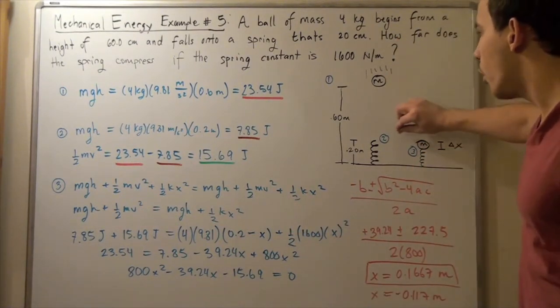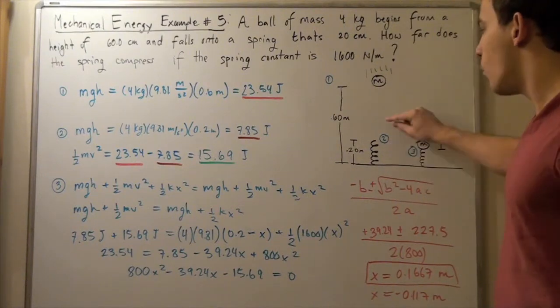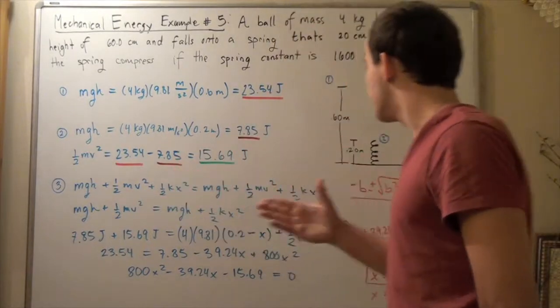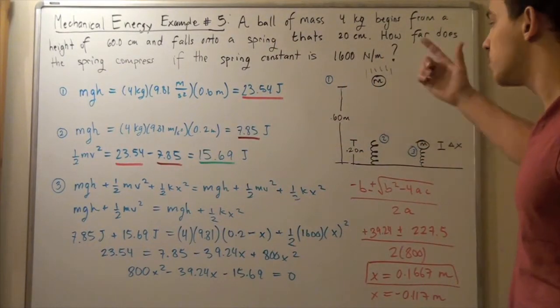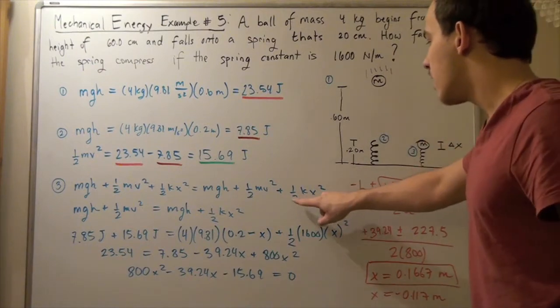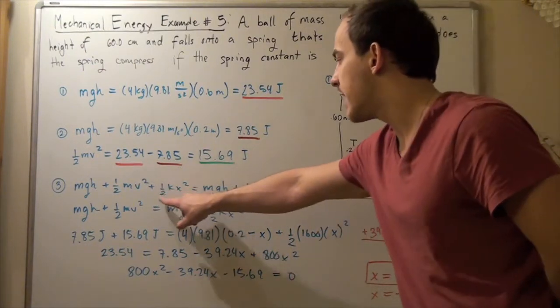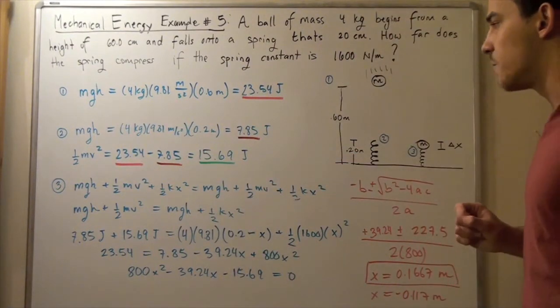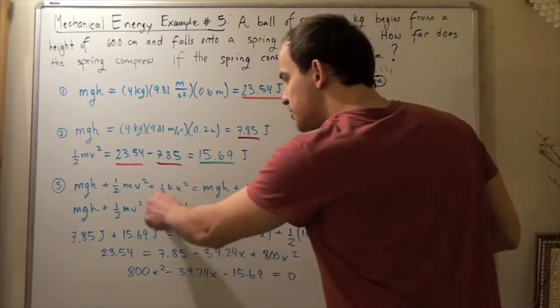Notice that right before the ball hits the spring, our elastic potential is 0 because the ball is not touching or compressing our spring. Our distance is 0, so our 1/2 kx squared is 0. So this crosses out.